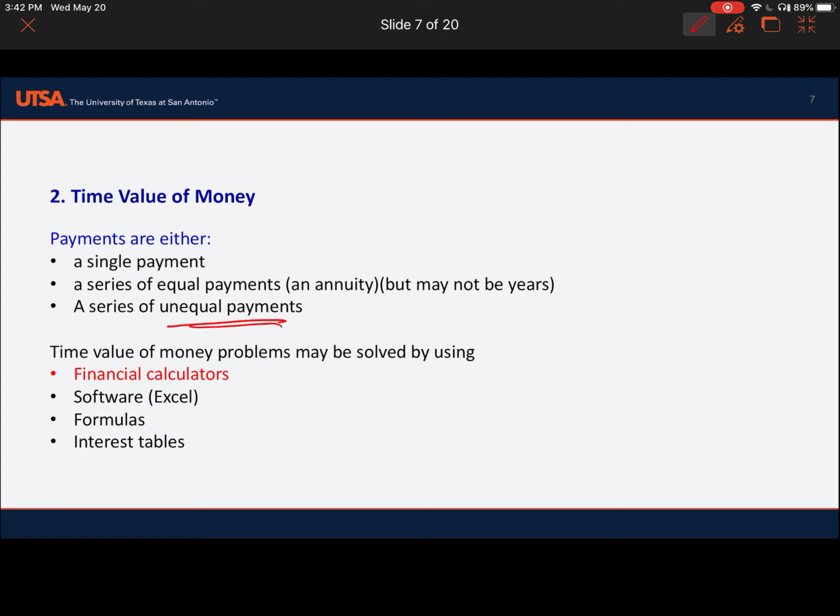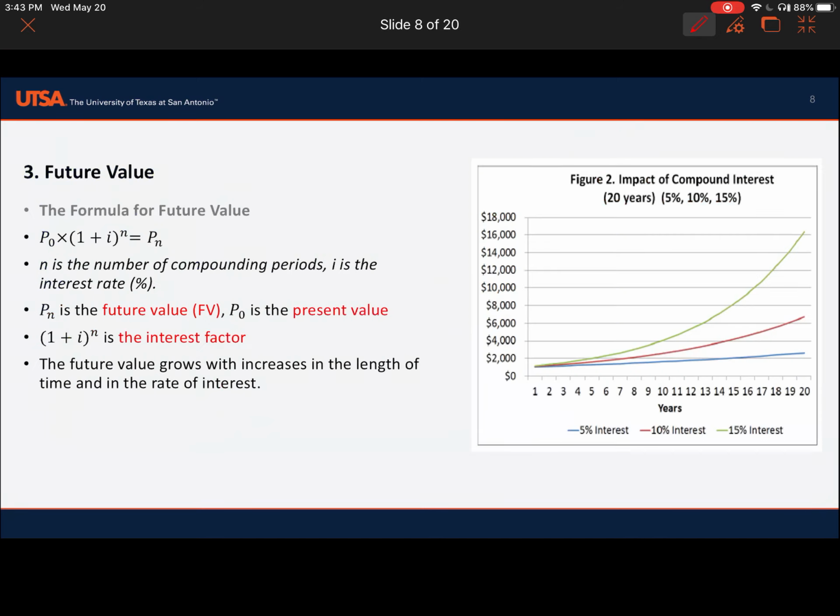You can have different payments at different times, T1, T2, T3. It could be equal payments or different payments. Time value of money problems may be solved by using a financial calculator, which I highly recommend, and you can use Excel, formulas, or interest tables.